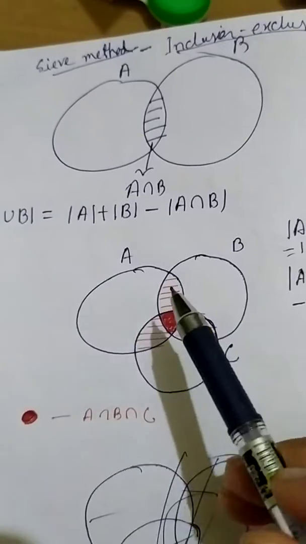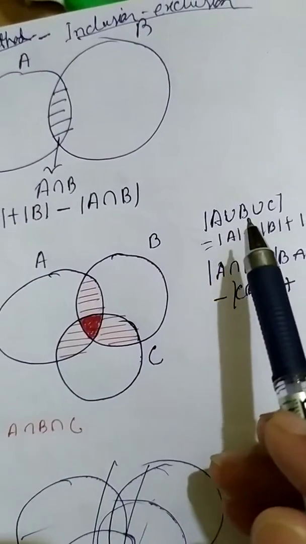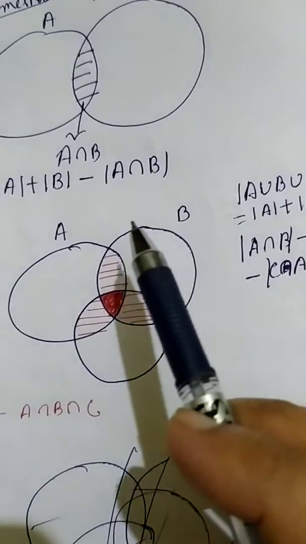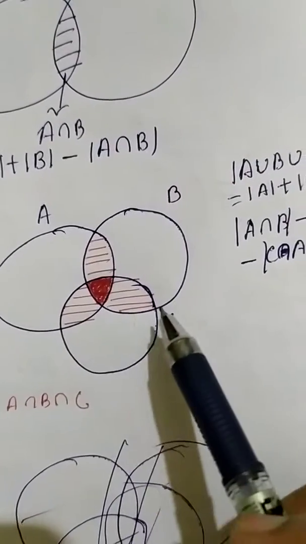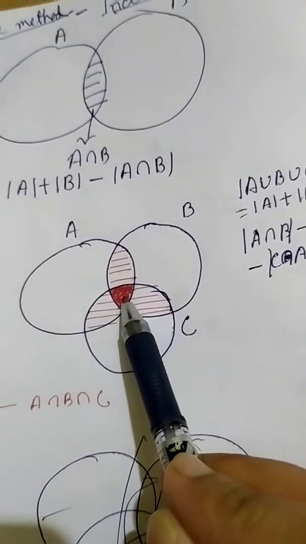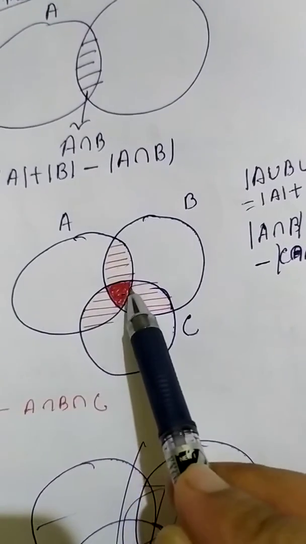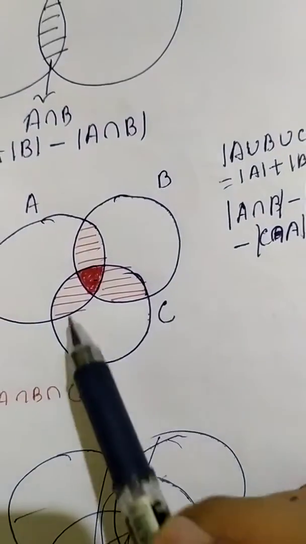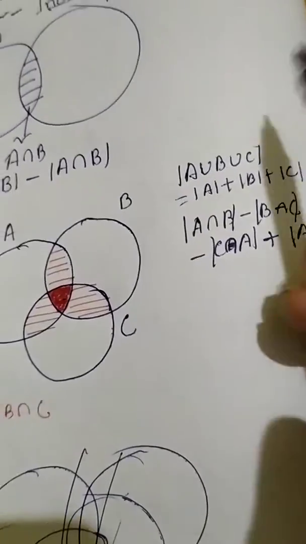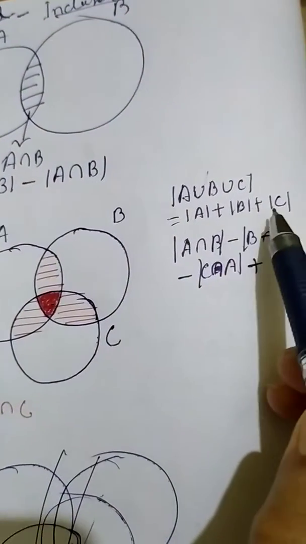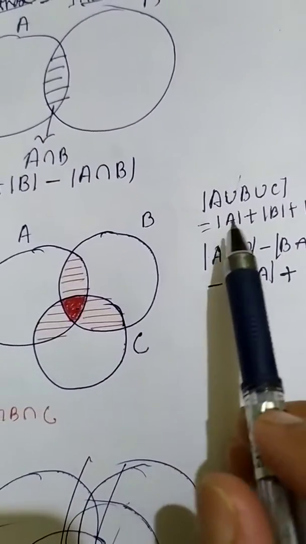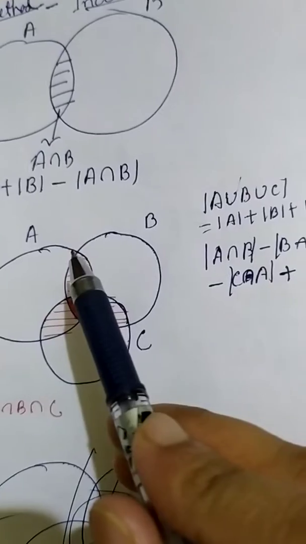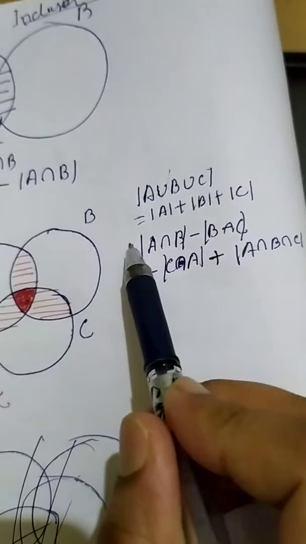Observe, when we count the elements of A union B union C, we first count the elements of A, then B, then C. Then you can observe the dark red part is counted once for A, once for B, and once for C. So we add the counts of A, B and C. Then since we have counted A intersection B twice, you have to subtract this A intersection B.